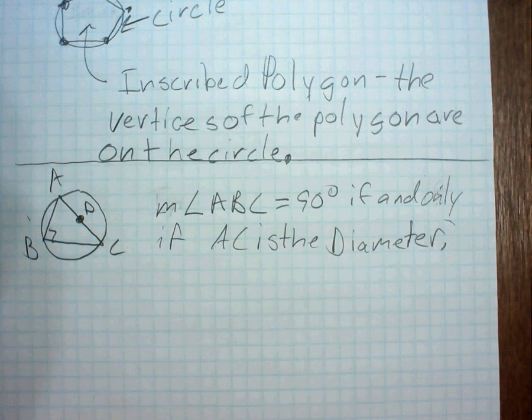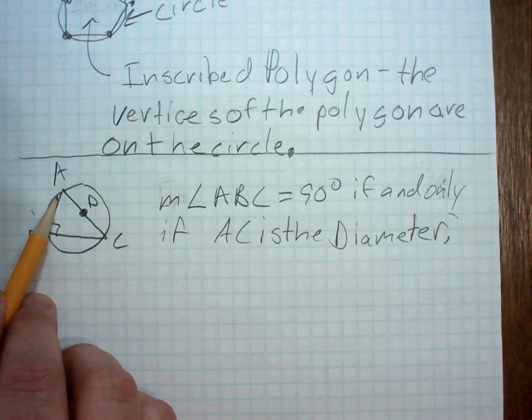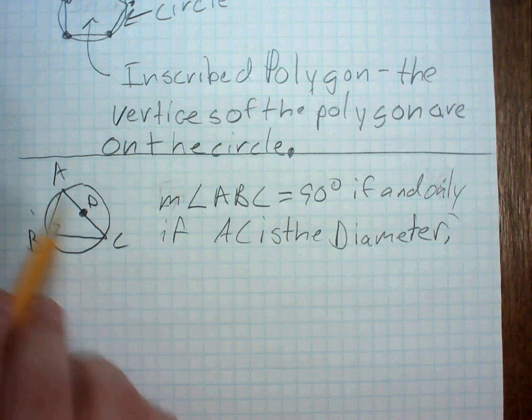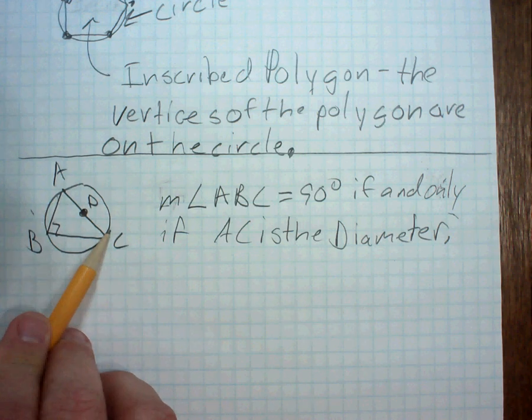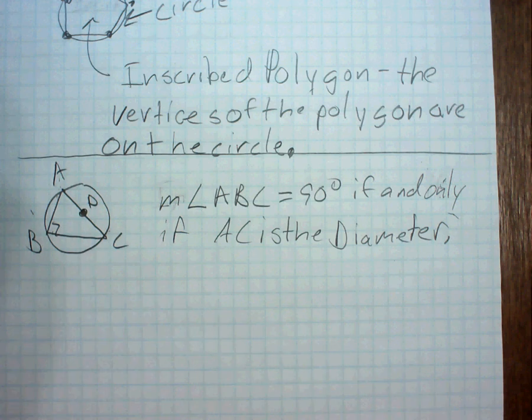Now, let me translate what that means. If you have a triangle where one of the legs is the diameter and all three vertices of the triangle are inscribed on the circle, then it's a 90-degree triangle, period.